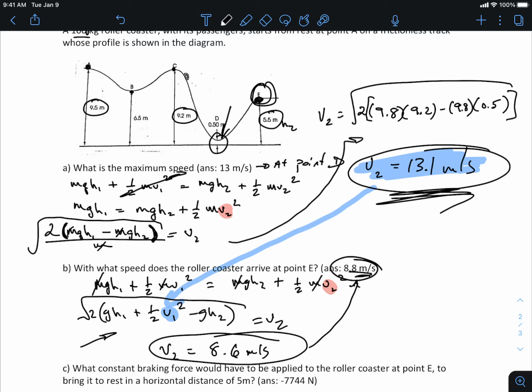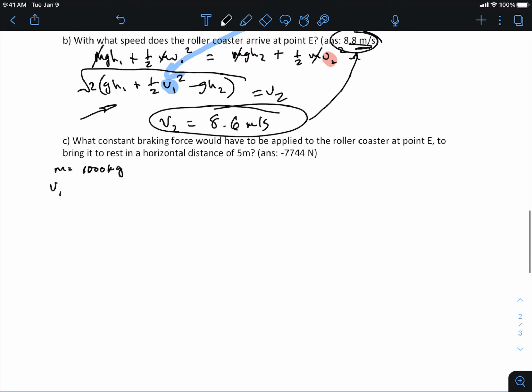Then the track goes horizontal, and we'll call this V2 over here. V2 is going to be equal to 0, because it's coming to rest. So V1 is 8.8 meters per second, V2 is 0 meters per second, and the horizontal distance this roller coaster needs to stop in is 5 meters.